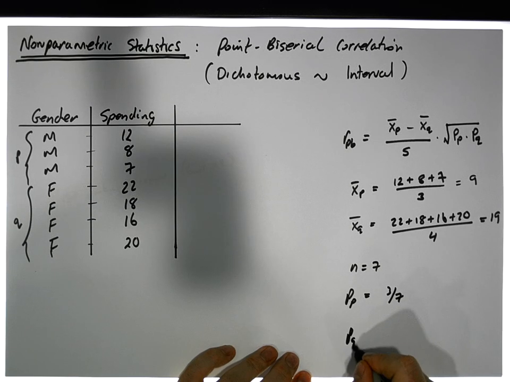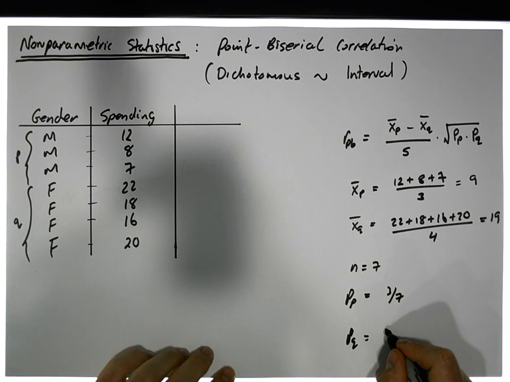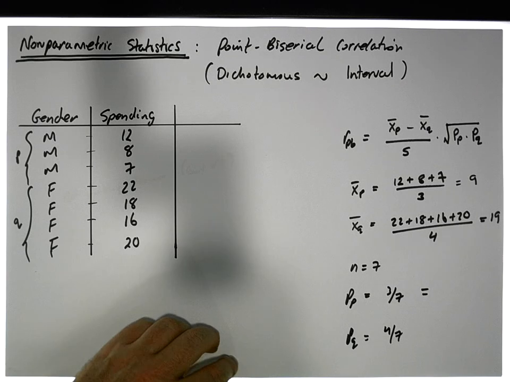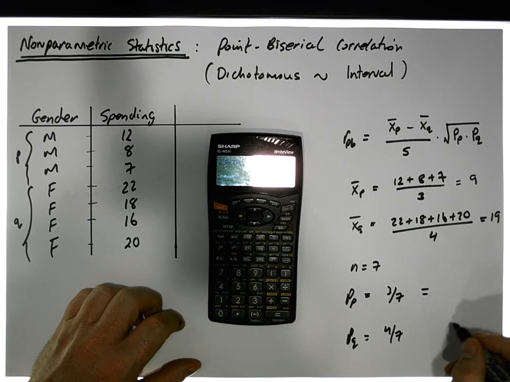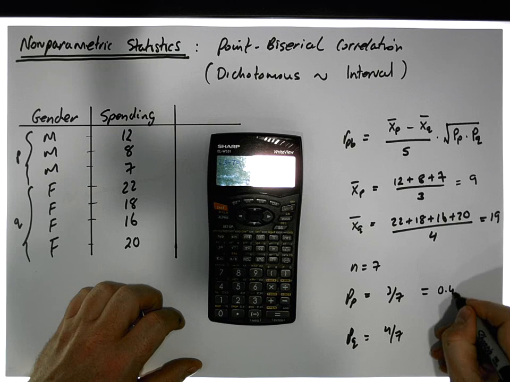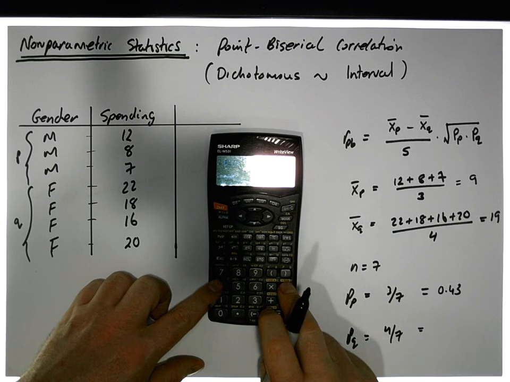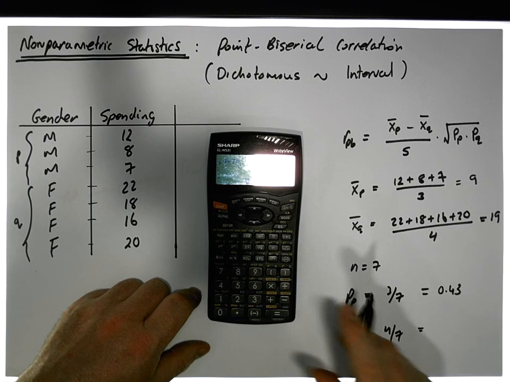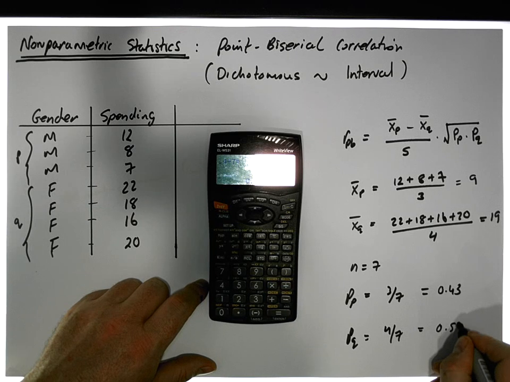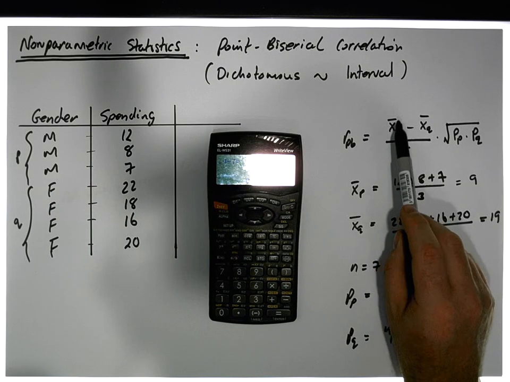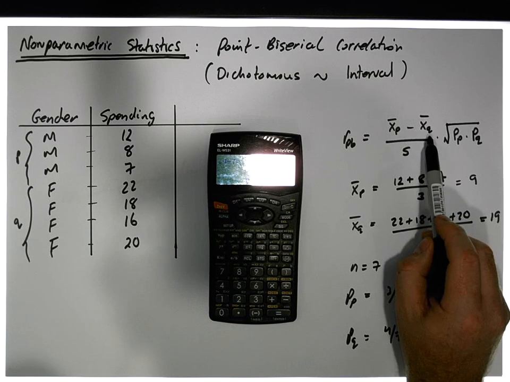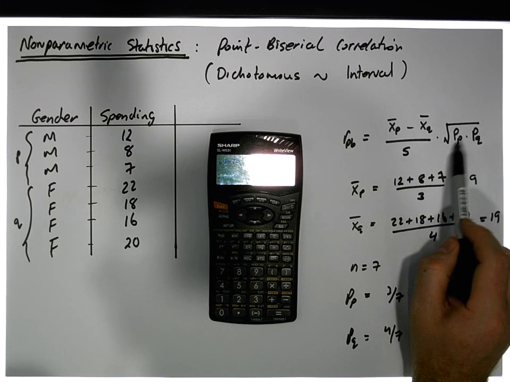The proportion associated with the second group is 4 over 7. So 3 divided by 7 gives 0.43 to 2 decimals, and 4 divided by 7 gives 0.57 to 2 decimals. So we effectively have X̄P, X̄Q, and PP and PQ for the two proportions.